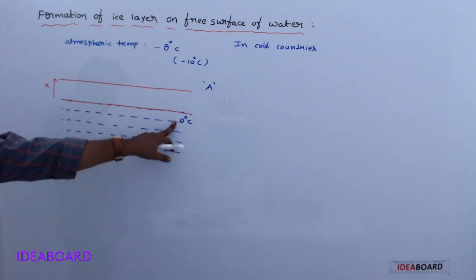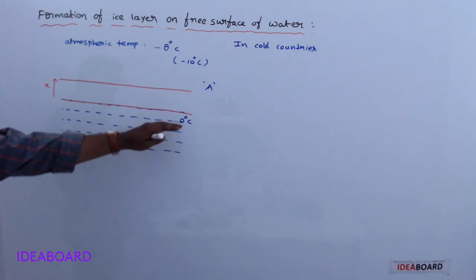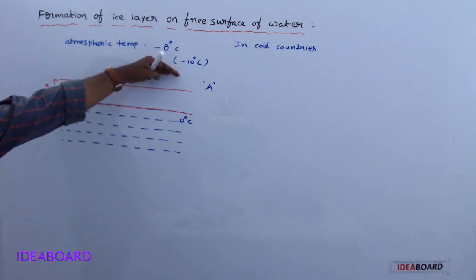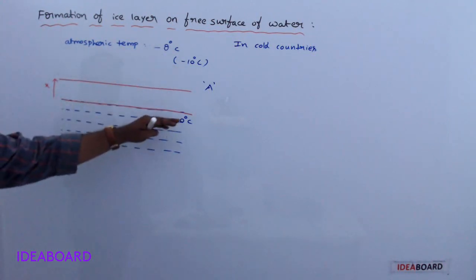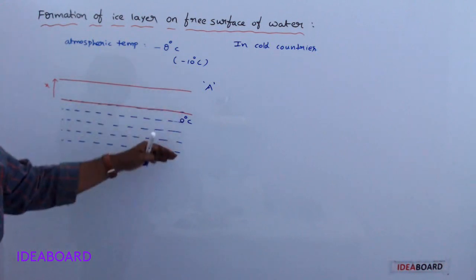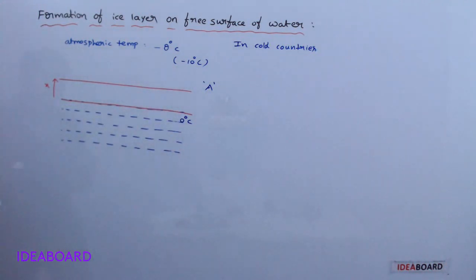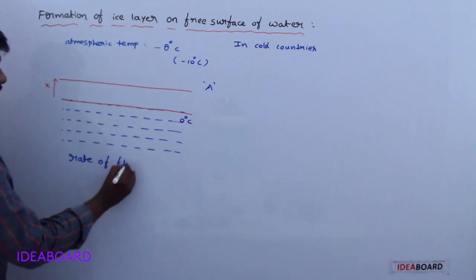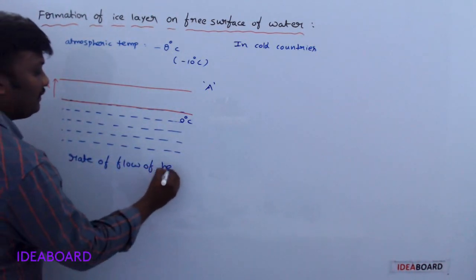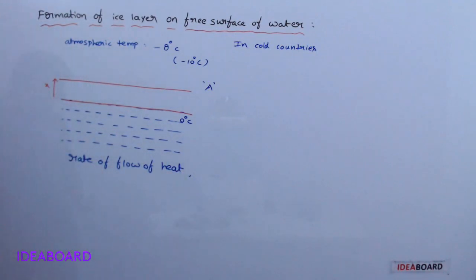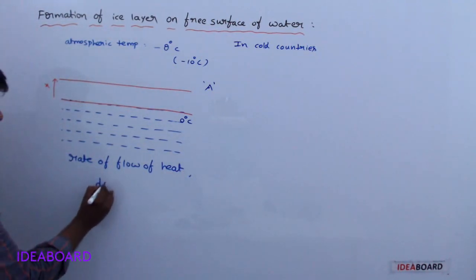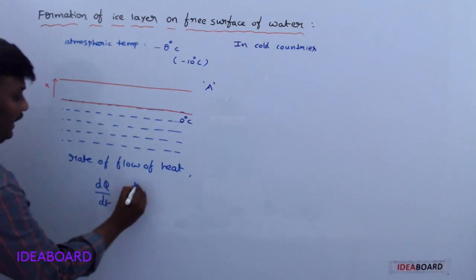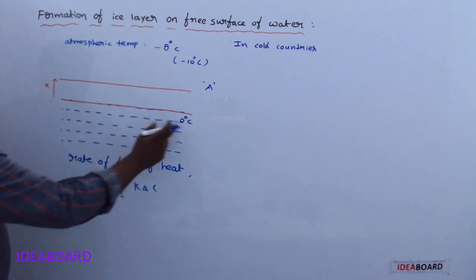That's why heat always flows from the water to the surroundings, and the temperature falls. Clear now? So what is the formula for rate of flow of heat? dQ by dt is equal to K A times the temperature difference.